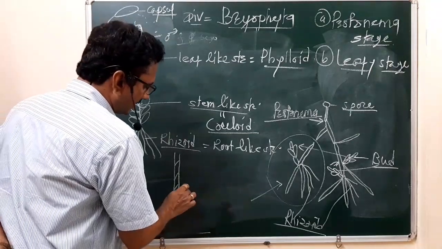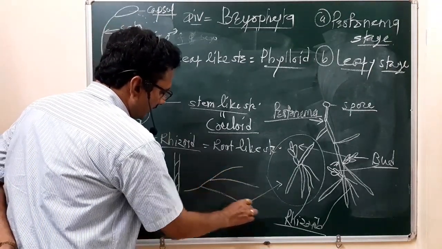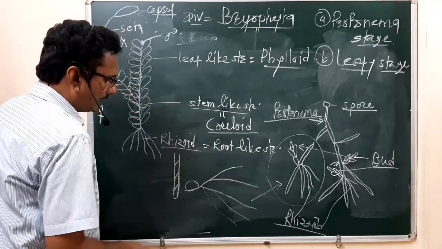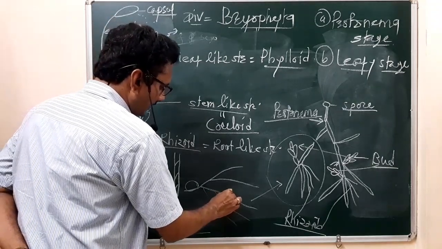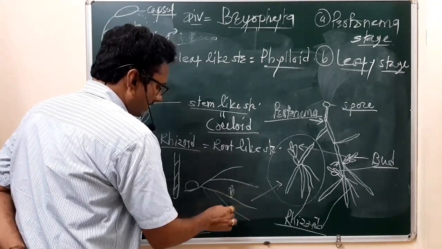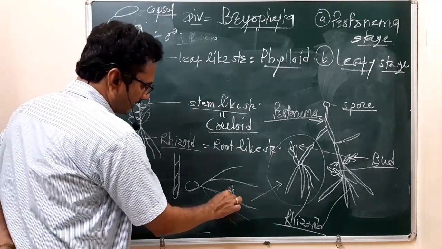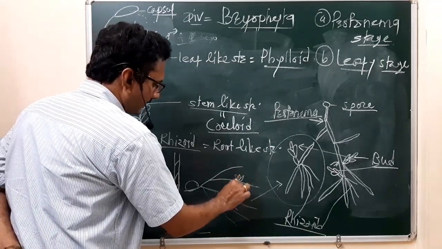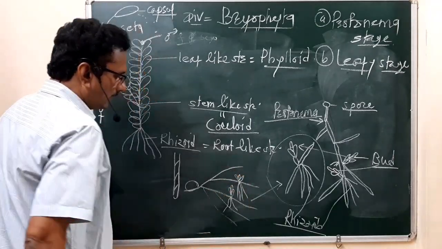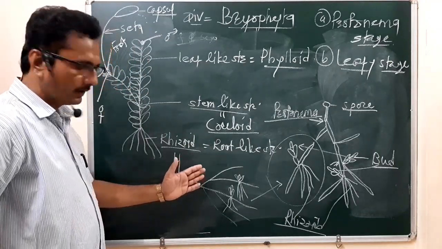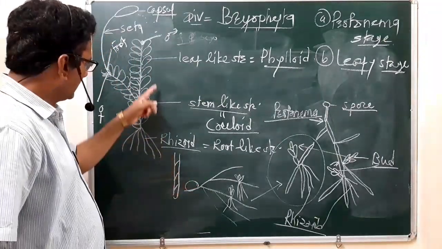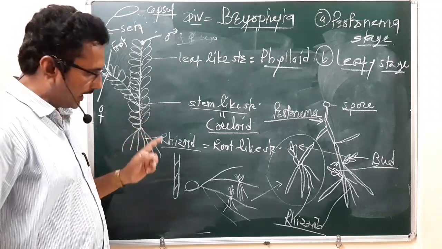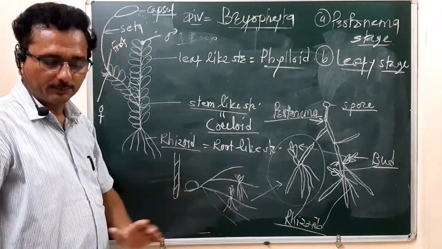Suppose this is the protonema, as usual, developed from the spore, and a bud is present here. When that bud sprouts, immediately towards its lower side rhizoids are developed. In the sense, from that protonema a number of young ones, new gametophytic stages, are developed.